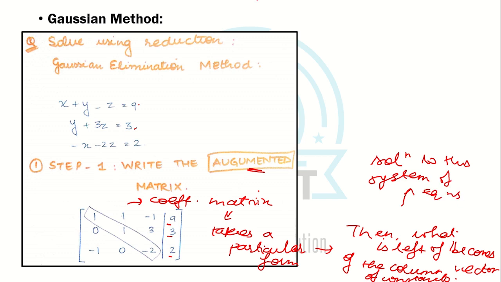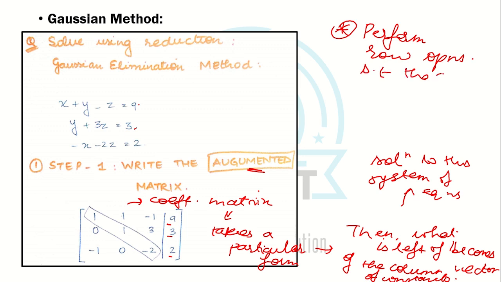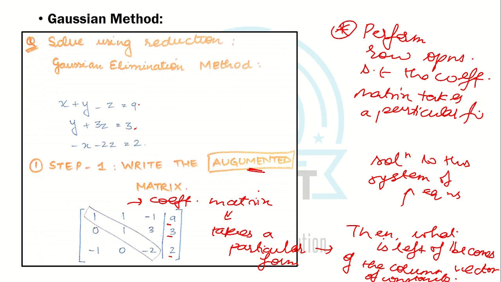Essentially, you will perform some row operations such that the coefficient matrix takes a particular form. Once the coefficient matrix takes this particular form, the changes to the column vector right here are exactly what is going to give you the values of x, y and z.